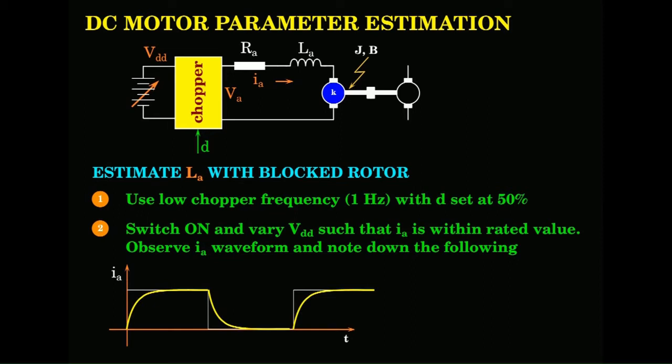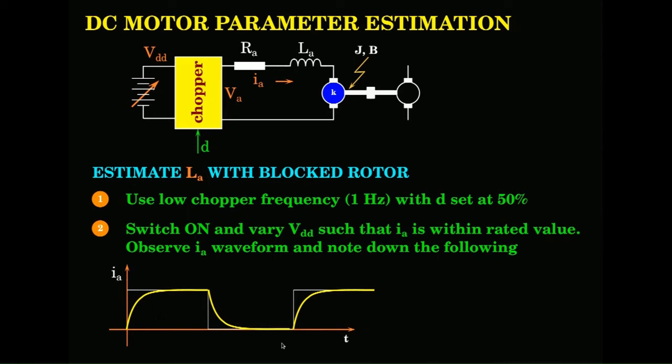You will see the current IA taking an exponential curve like that, where it will reach the steady state somewhere here, and then at this point when the IA goes down, you will see it fall.